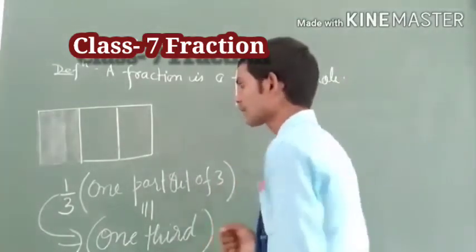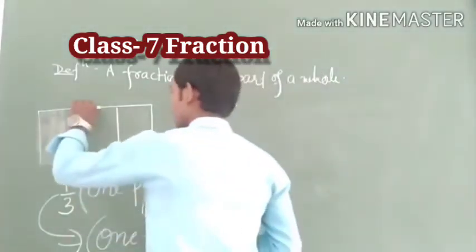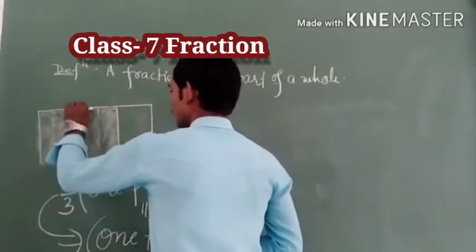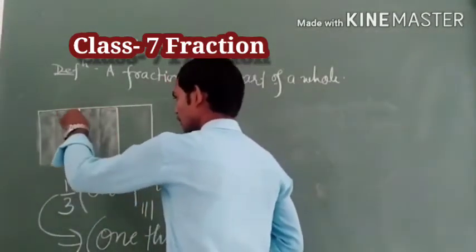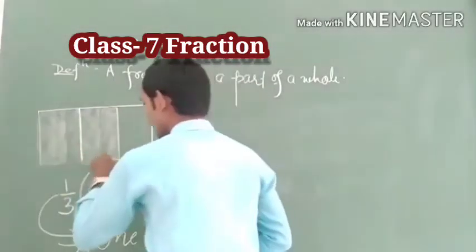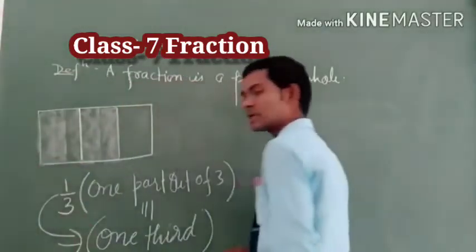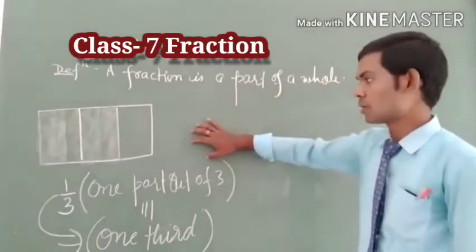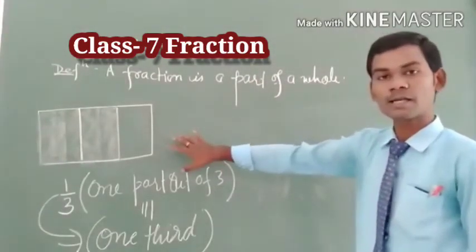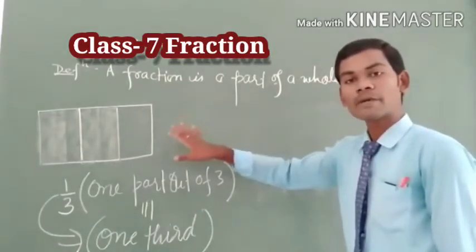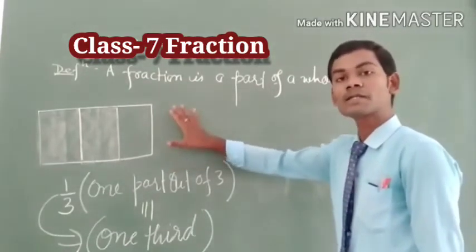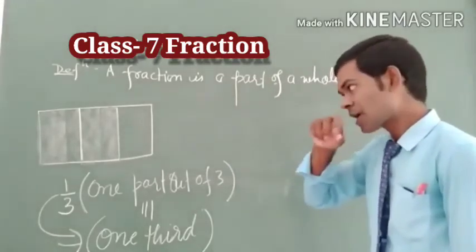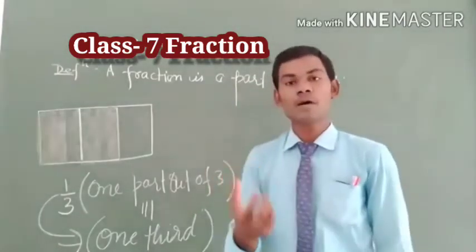And in the next, if we shade two parts, then here we have taken two parts out of three. Therefore, this figure represents two parts out of three. How many parts have we taken and from how many?